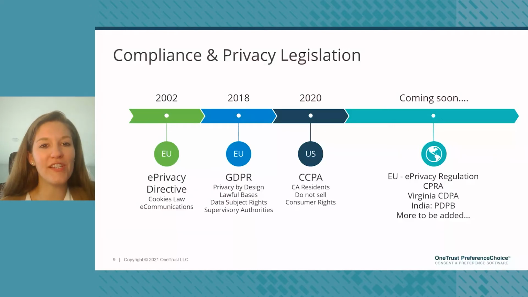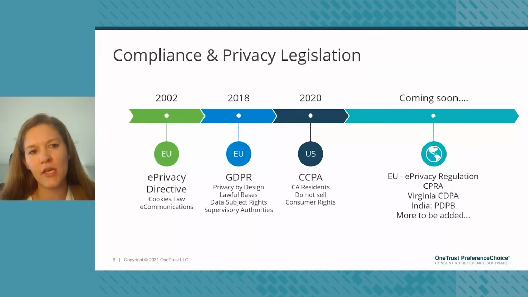Then we saw, of course, the introduction of GDPR, which went into effect in 2018 and had a huge impact on the privacy landscape globally. This allowed us to have a regulation across the European states that provided a lot more consistency and direction moving forward.